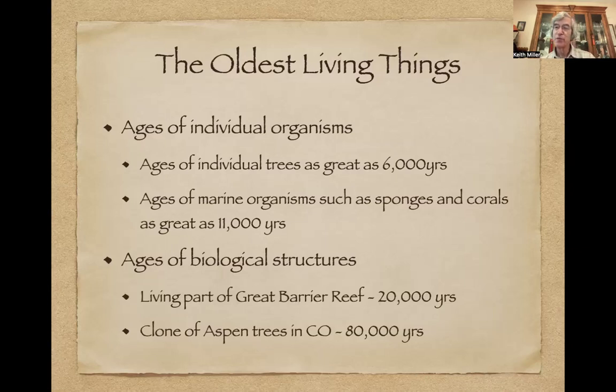And interestingly enough, there's some trees that establish clones and spread by clones rather than sexually, so that all the individuals in a clone are genetically identical and they're all connected to each other. And so, in a sense, they're a superorganism. One of the most famous of these superorganisms is a grove of aspen trees in Colorado, which has been estimated to have been living for something like 80,000 years.